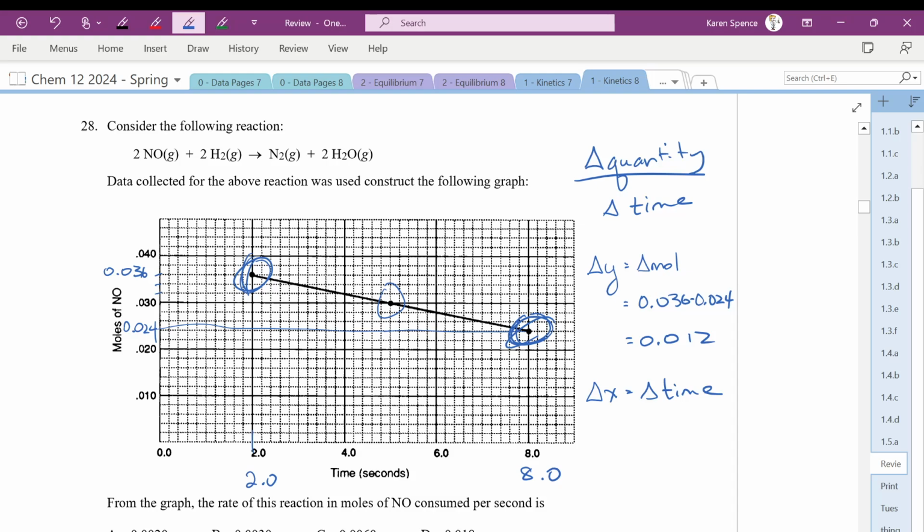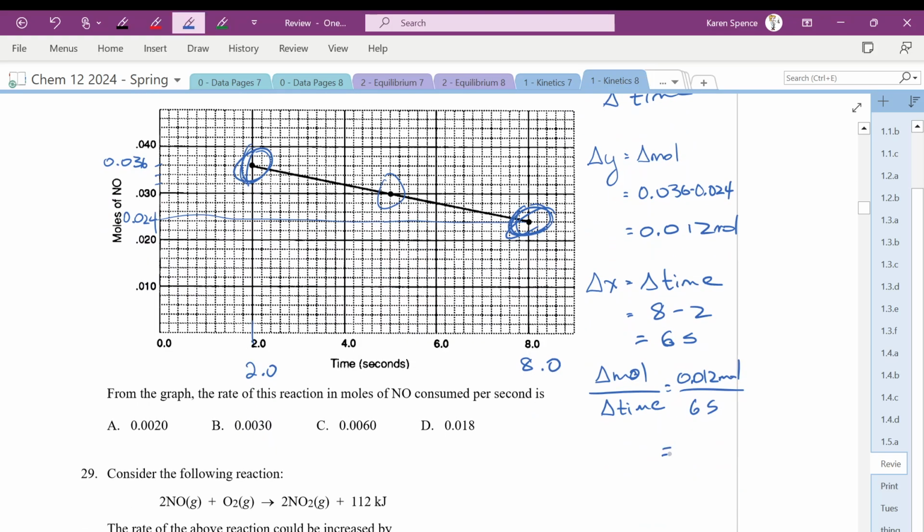We're going to pretend that doesn't matter. So I'm going to have 8 minus 2, which is 6 seconds, and this is 0.012 moles. And so now we have the change in moles over the change in time: 0.012 moles over 6 seconds, which gives us 0.002 moles per second. Okay, cool.